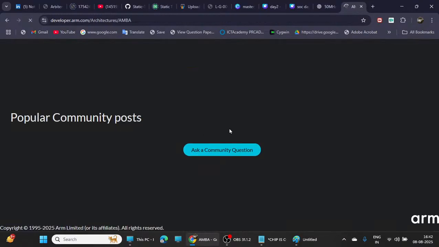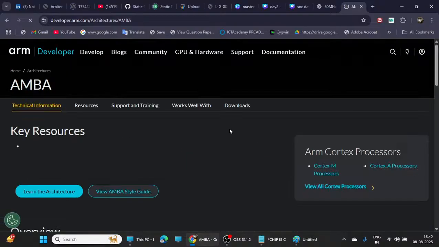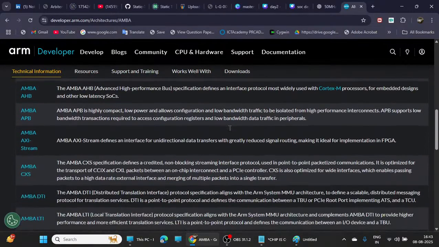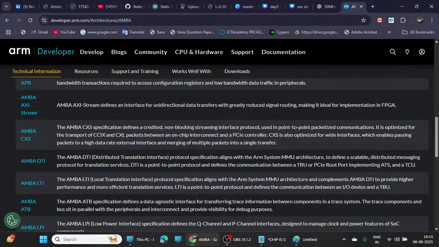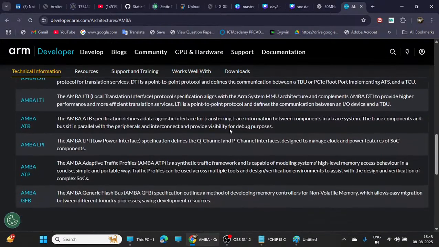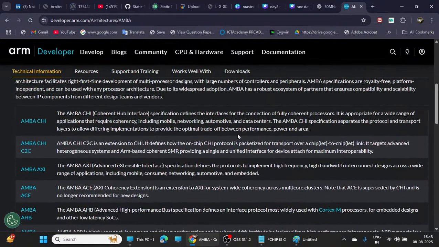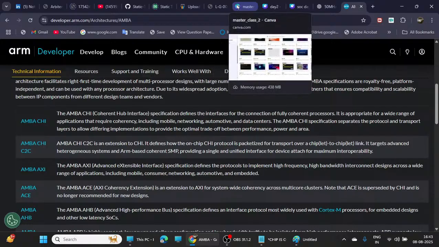ARM standardizes the protocols, continuously takes care of them, and improves their efficiency. There are a lot of protocols like AXI, AXI-Stream, AXI-Lite, AHB, ATB, and APB. It is intellectual property, and we are using that.